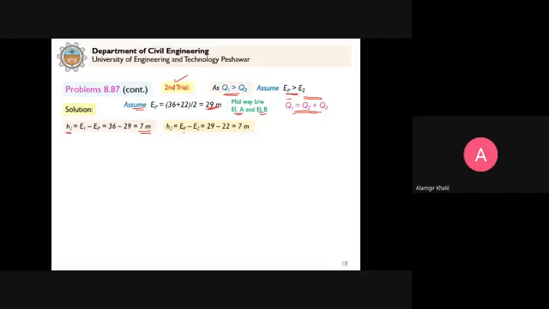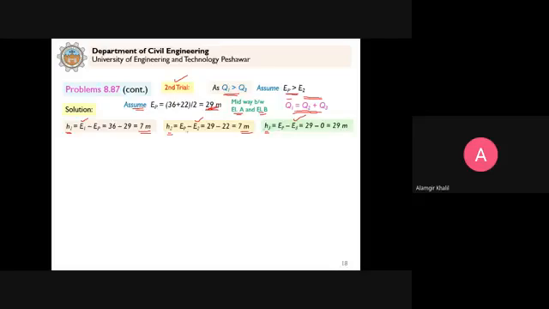And similarly, we can calculate H2, and we can calculate H3, because E1, E2, and E3 are given. So for this 29 meter EP, we can calculate H1, H2, and H3.